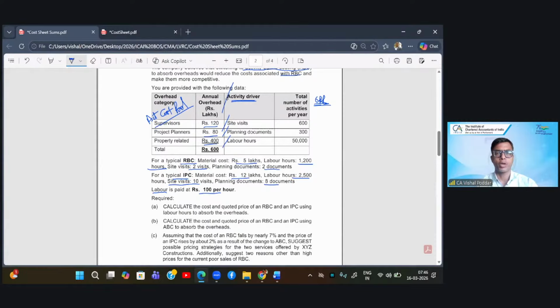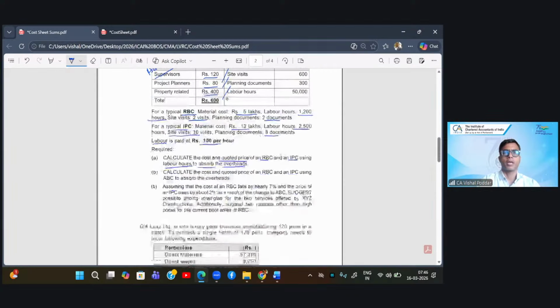Now, you are required to calculate the cost of each product or each project using the traditional method of absorbing overheads, that is the labor hour basis. So for this, first you'll have to find out ORR using the base as labor hours. And again, you have to recalculate the same cost sheet under the ABC method.